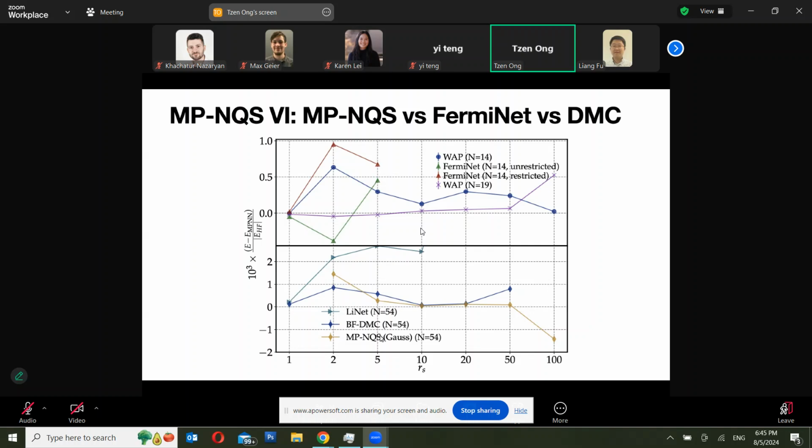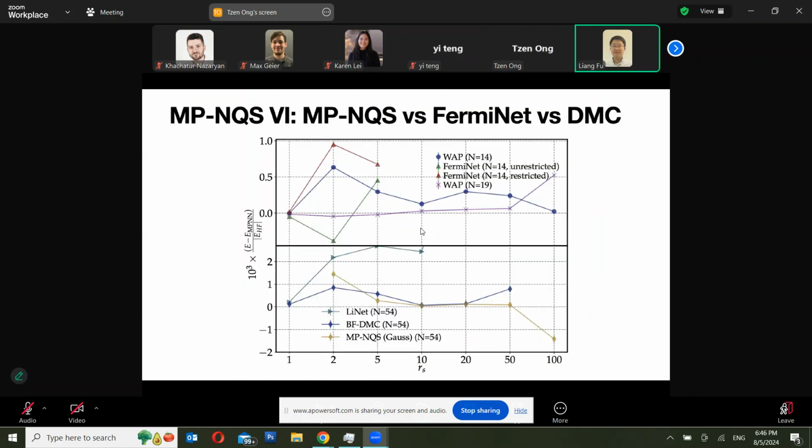The yellow one is the Gaussian basis for MP-NQS, so they try to be somewhat honest here, I guess. They showed both the plane wave and the Gaussian basis results.